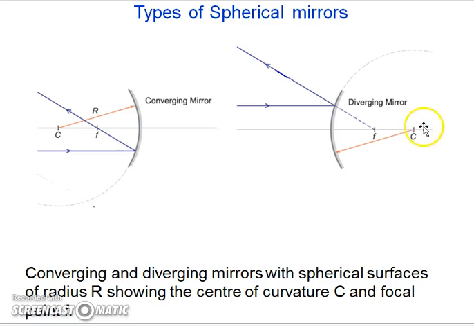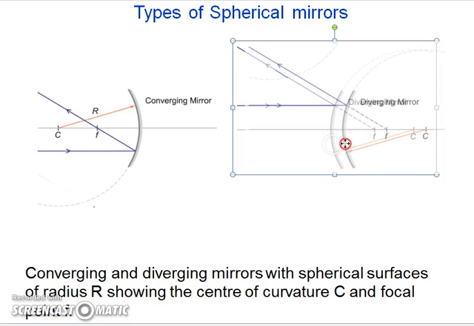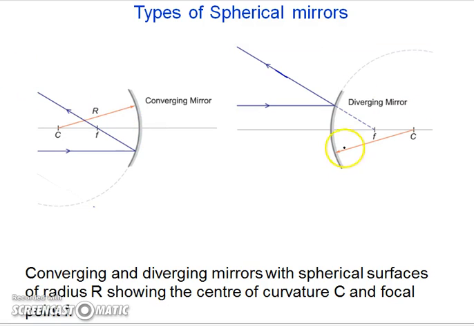And same thing here: if a ray is passing through the center of curvature, it will reflect back in the same direction. What it really means is that if I draw a tangent at that point, this angle is 90 degrees. That's what it means.